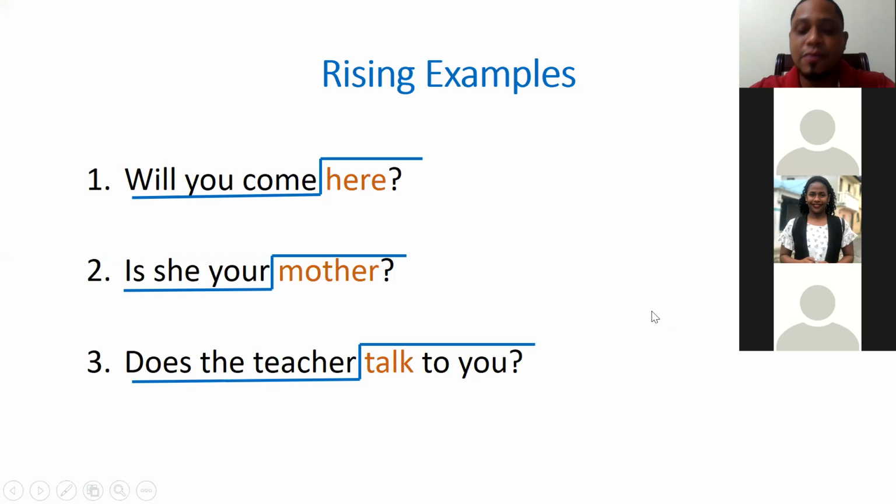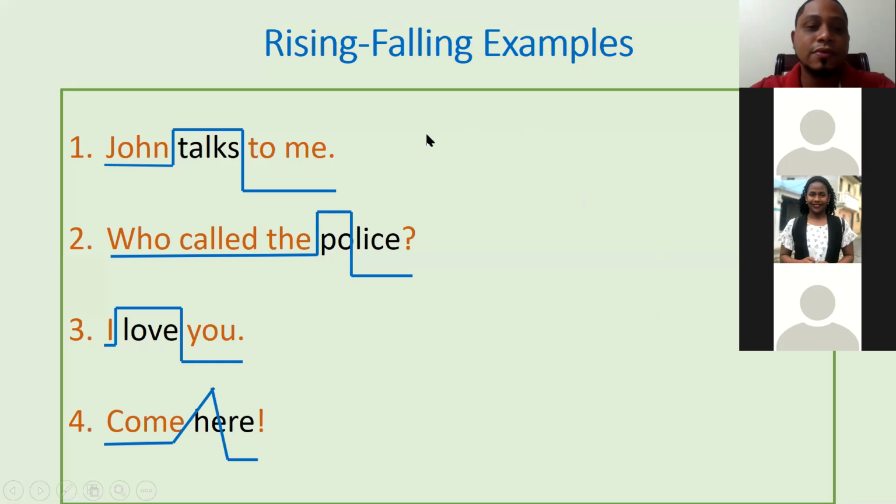Let me see if I have a few examples here that I can show you. You see, these are examples of rising falling. We already did it, okay? As you can see here, talks is the last content word. So we give the high tone to it and the low tone to the following. Here we have the police. Police is the last content word. It has 2 syllables, po and lease.